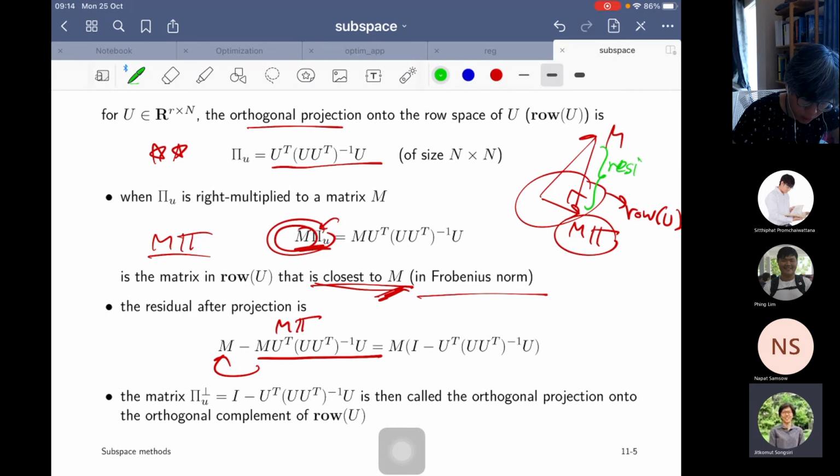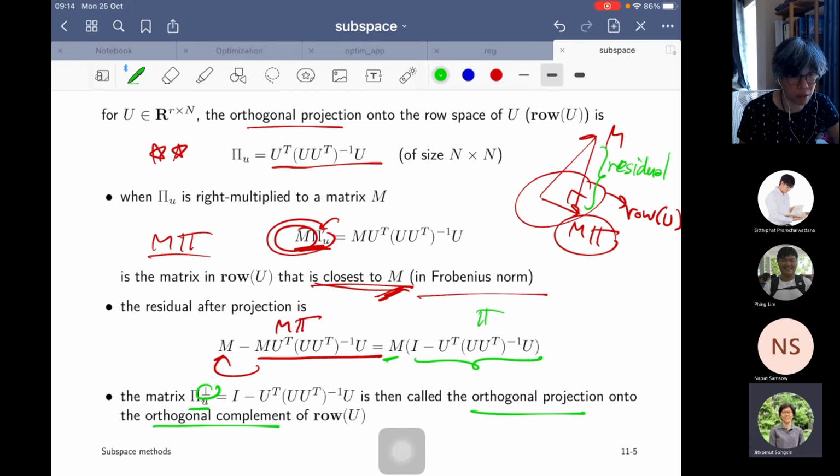You can factorize M. This matrix here, I minus pi, we're going to label as pi perp, with the symbol perp to mention that this is also another orthogonal projection, but it projects onto the orthogonal complement of the row space of U.